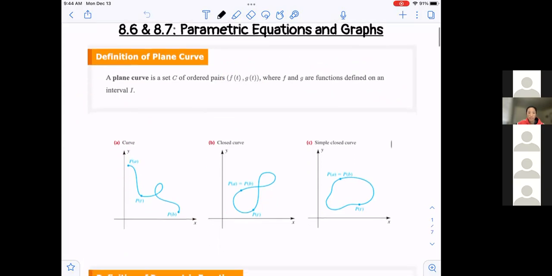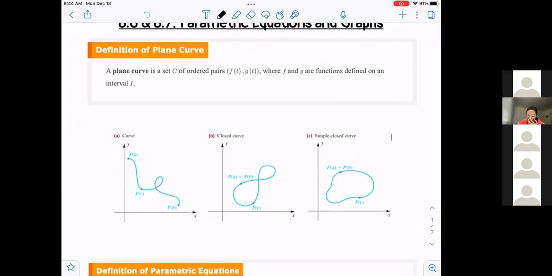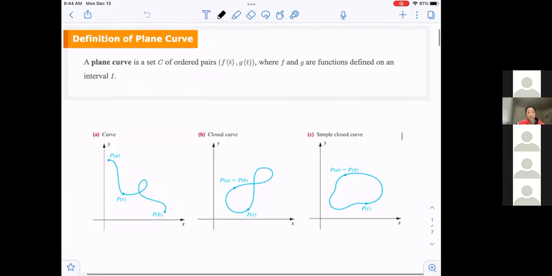And so all three of these right down here are examples of plane curves, all right? And plane curves in the sense that we're going to have some coordinates and we're going to plot some points. And after we plot these points, we're going to get a shape. All right.